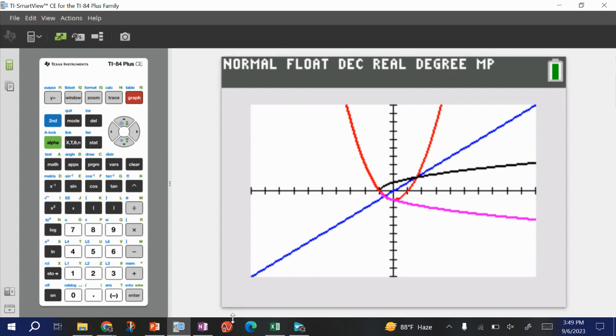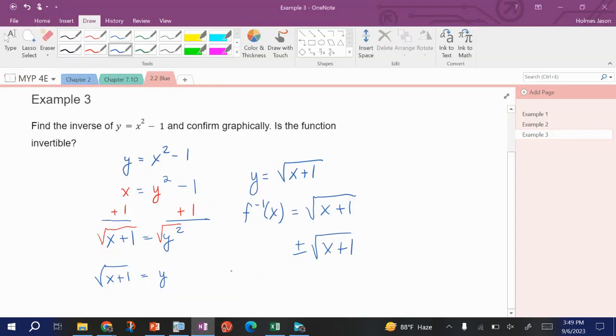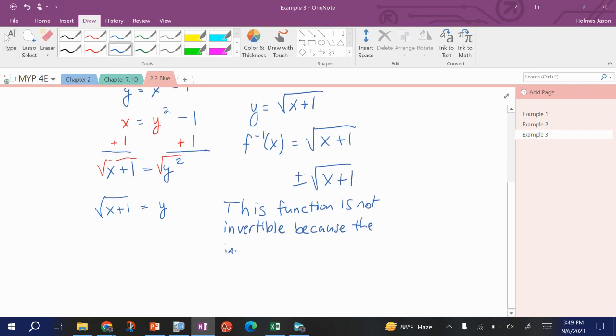But in terms of it being invertible, the inverse is actually not a function. So this function is not invertible because the inverse is not a function.